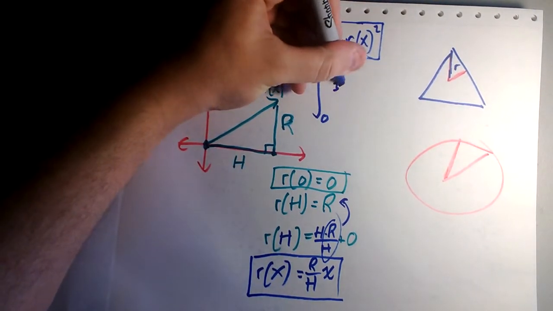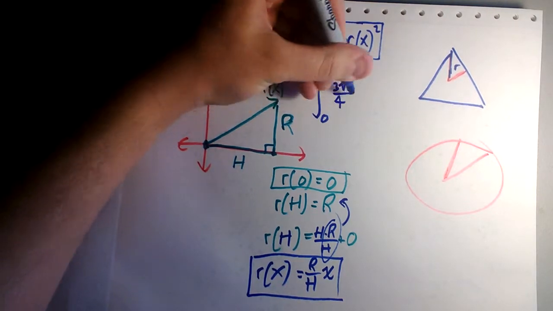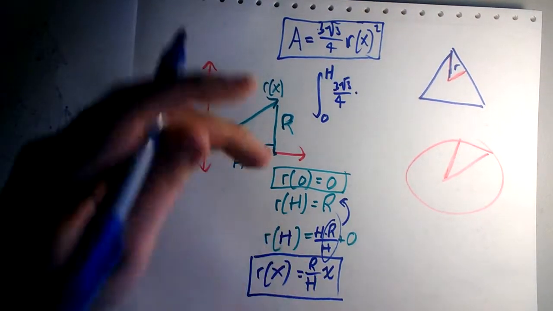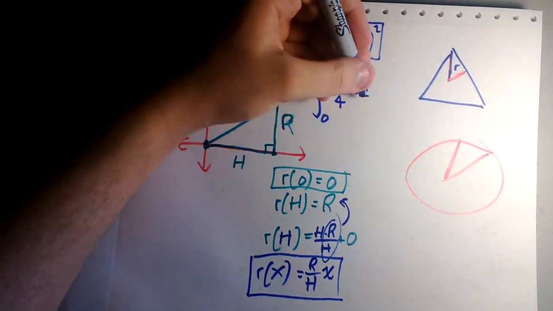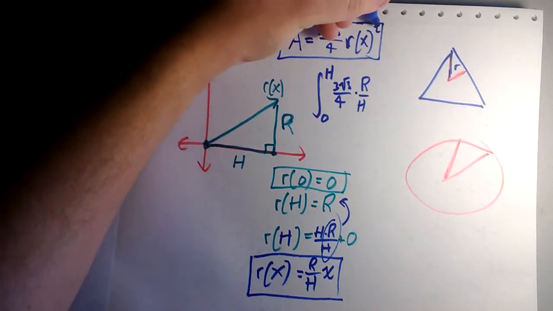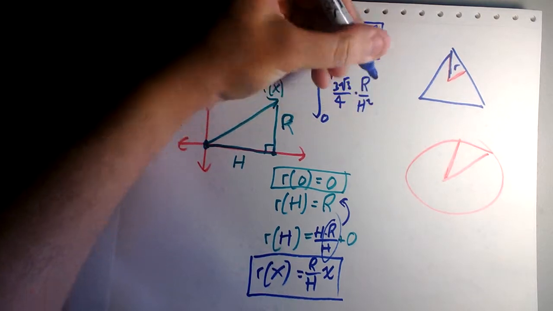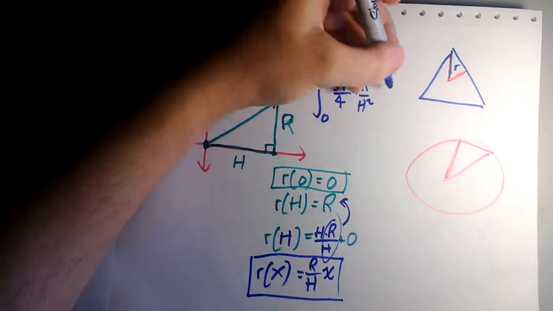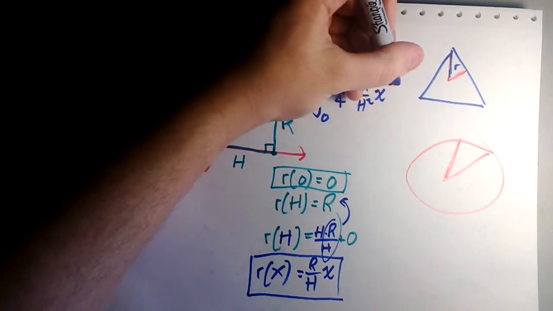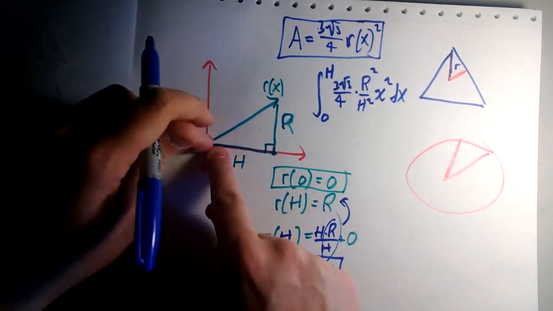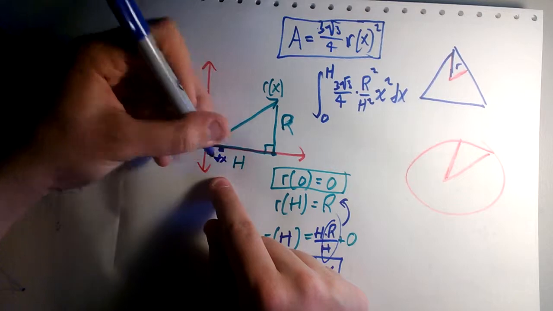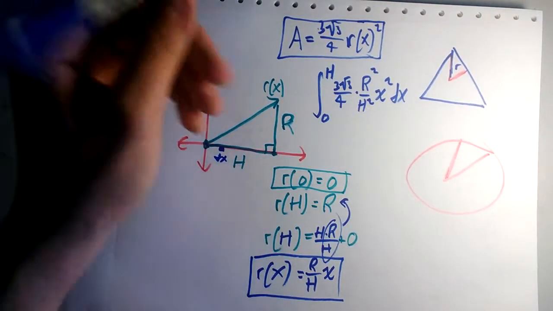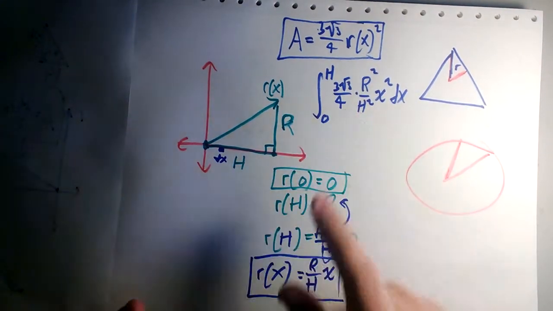And so it's 3 square roots of 3 divided by 4 times this R value divided by our h value. Both of those are squared. And then we also have an x squared. And of course, you have to integrate by dx, every small change along this curve. All right, we have to consider all of those. And this should give us the volume.